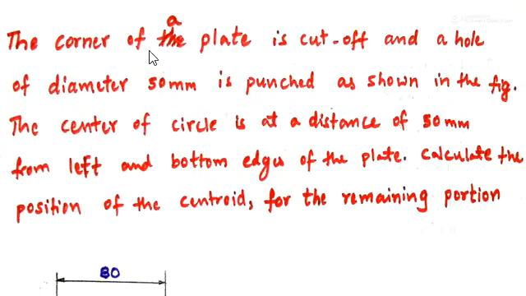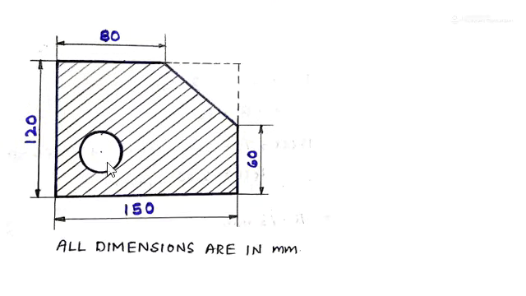The diameter of the hole is 50 mm, and it is punched such that the center of the hole is lying at a distance of 50 mm from the bottom edge and also 50 mm from the left side edge. So like this it is cut. For this remaining portion, after cutting the edge of the plate and punching the hole, we have to find out the centroid location, that is x bar, y bar.